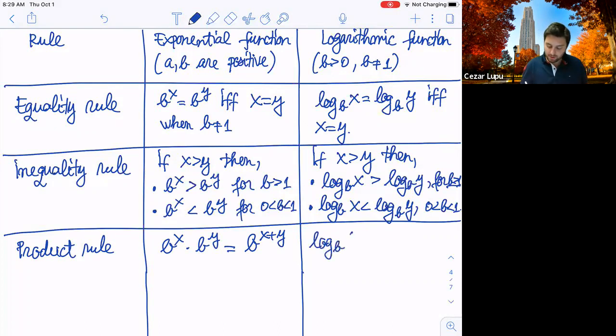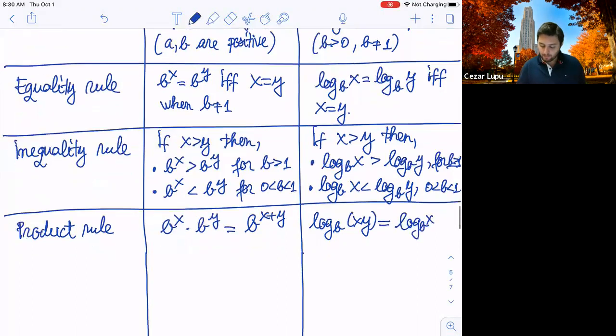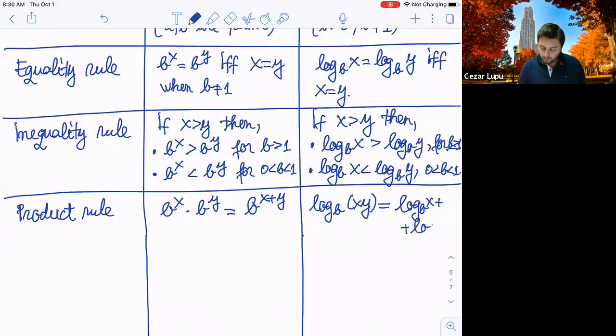So log in base b of xy will be equal to log in base b of x plus log in base b of y. Right? Keep in mind this rule. This is how we operate with logarithms.